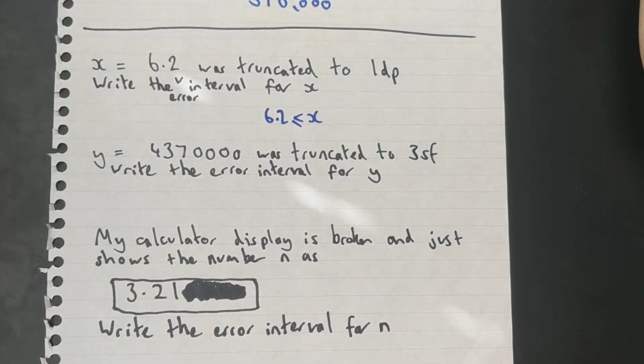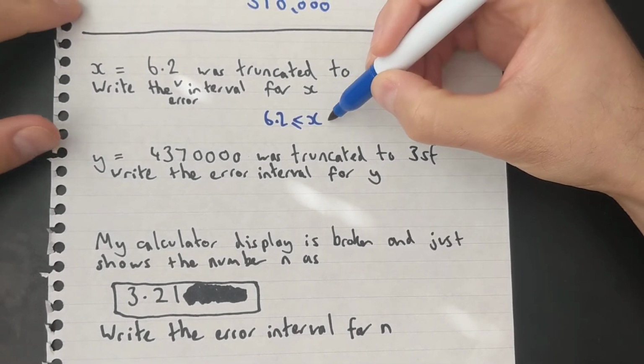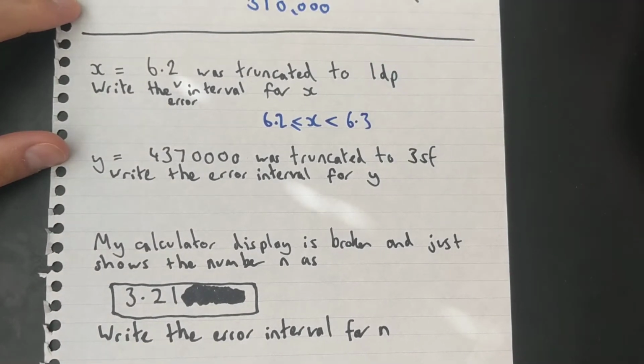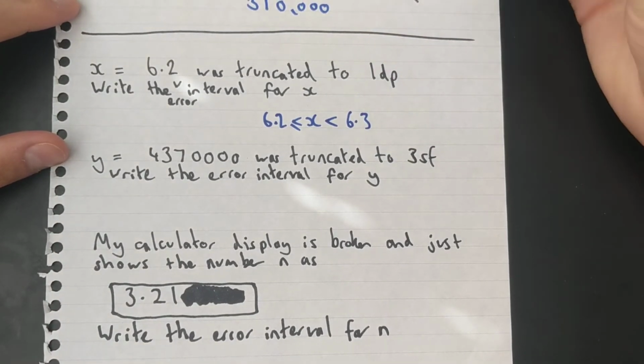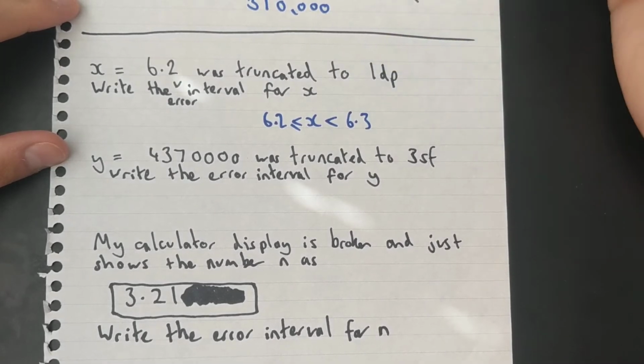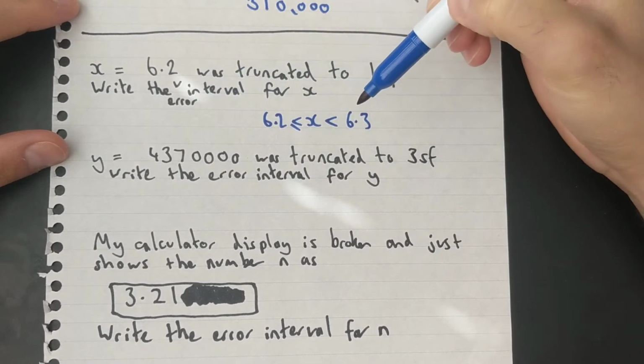It is the number. Anything less than that, and it would have been truncated to a different number. And the biggest value that can be, well, it can't be 6.3, but anything less than 6.3 would be truncated to 6.2 in this range.